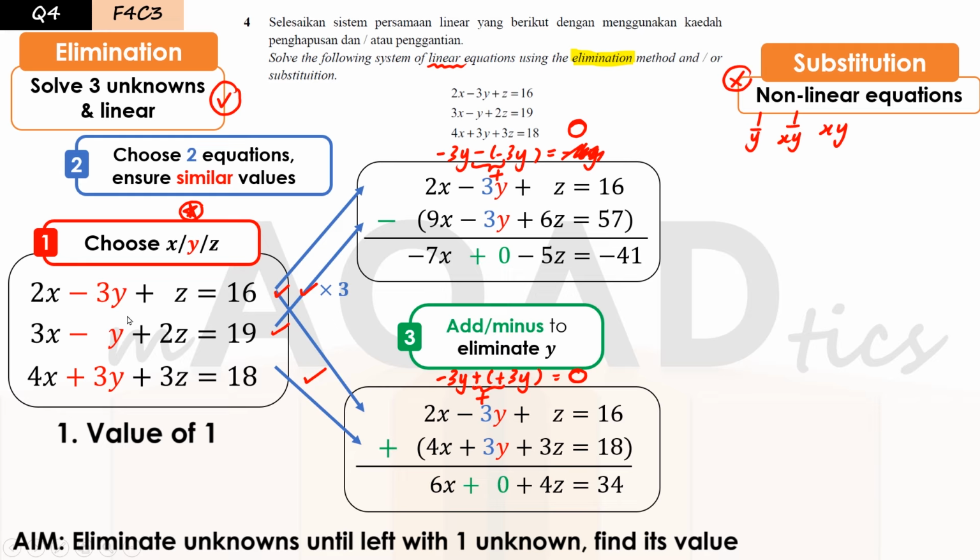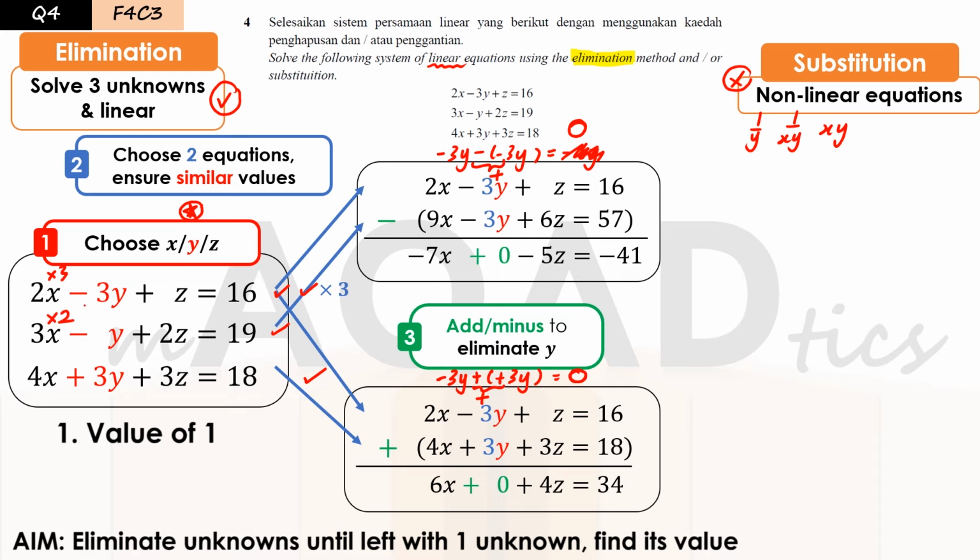For example, for y just now, we multiplied one value for one equation here. But if you imagine we are using the same equations and we are eliminating x, to make sure both of the values are similar, we need to cross multiply their values. So for the first x here, we multiply 3, and for the second x here, we multiply 2.